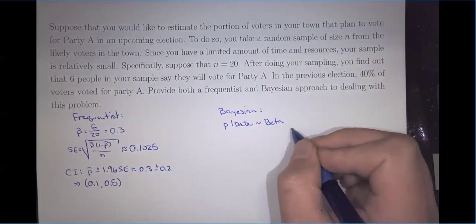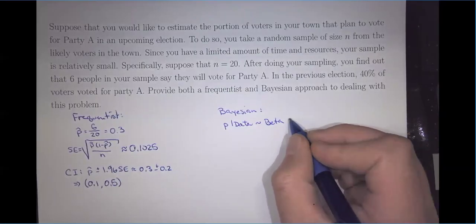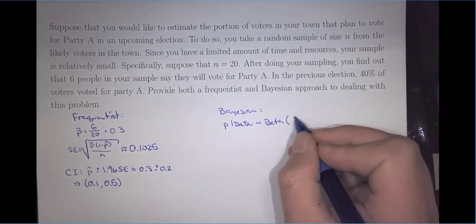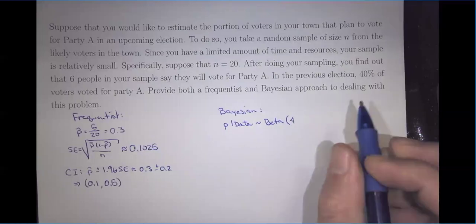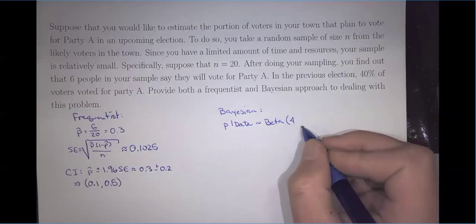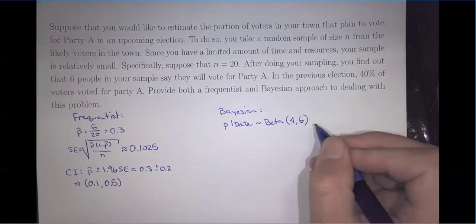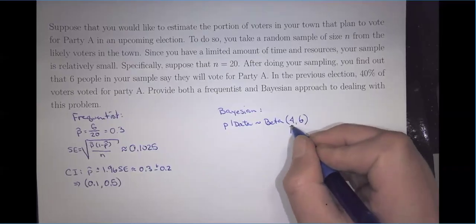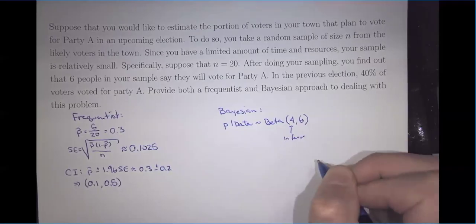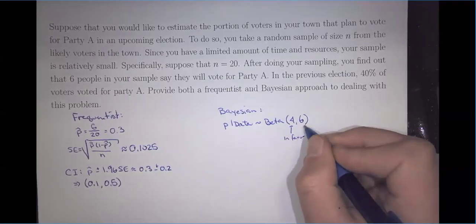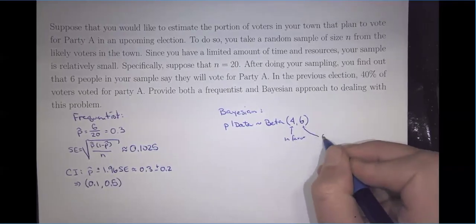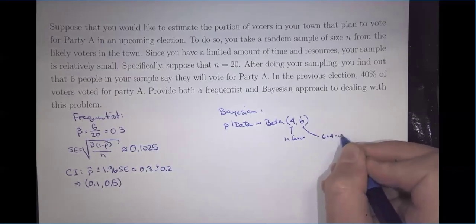So in this case, we know that 40% of the people voted for Party A. So it might be beta of 4 and 6. 4 voted in favor. And then 6 because 6 plus 4 equals 10.